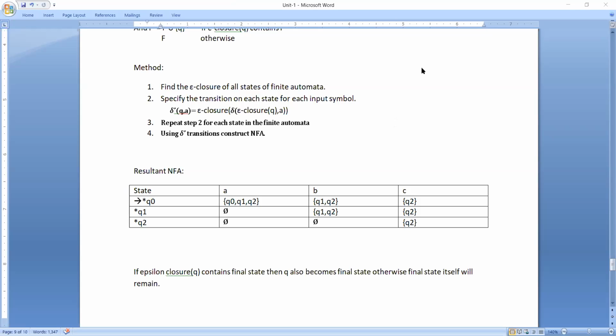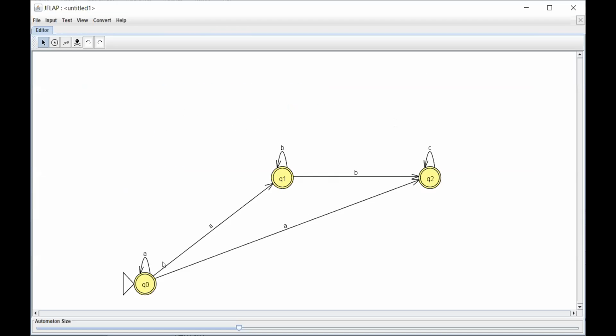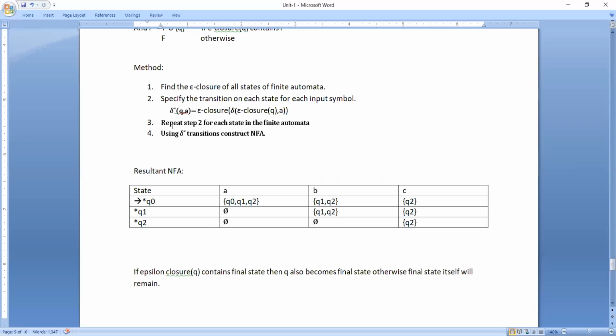Now in our output, we are able to find a non-deterministic finite automata without any epsilon transitions. Then once you have identified the transitions, using this delta dash table itself, I am able to find this NFA table. Always remember that just constructing the table itself is not enough.